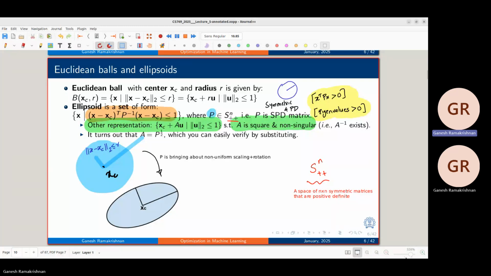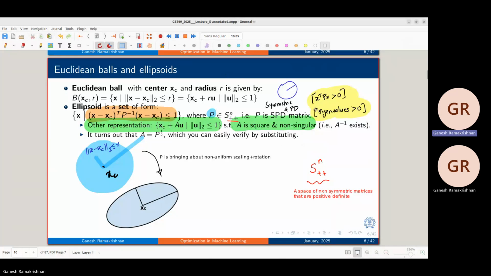And some notation also we have introduced here, Sn++. This is basically symmetric positive definite, which means all the eigenvalues are greater than 0. So it turns out that if A is square and non-singular, and if A is P raised to half, then P must be symmetric positive definite. In general, Sn++ means the set of all possible symmetric positive definite matrices, that is, matrices with eigenvalues greater than 0.